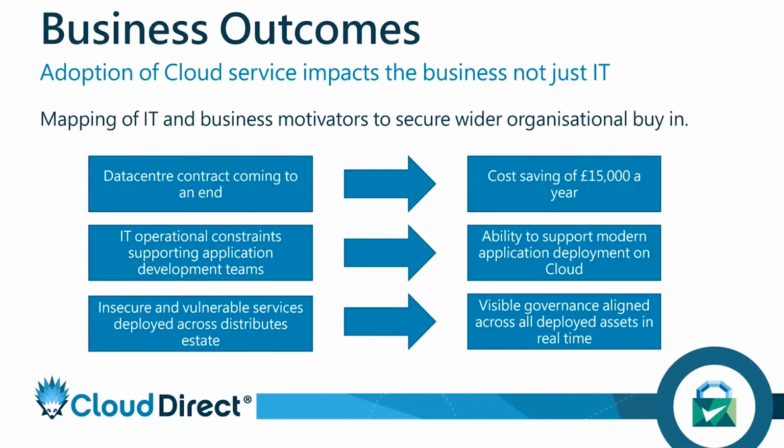Insecure and vulnerable services deployed across a distributed estate. Again, this is about making sure your governance is aligned across the organization. Some people on the call no doubt will be in highly regulated industries, where you need to prove that you're compliant and that your governance procedures are robust and in place.